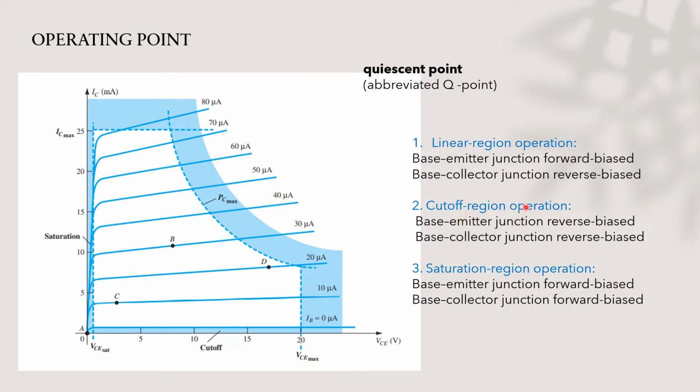Cutoff region operation is where both the base emitter and the base collector junctions are reverse biased. And the third one is the saturation region operation, wherein the base emitter junction is forward biased and the base collector junction is also forward biased.